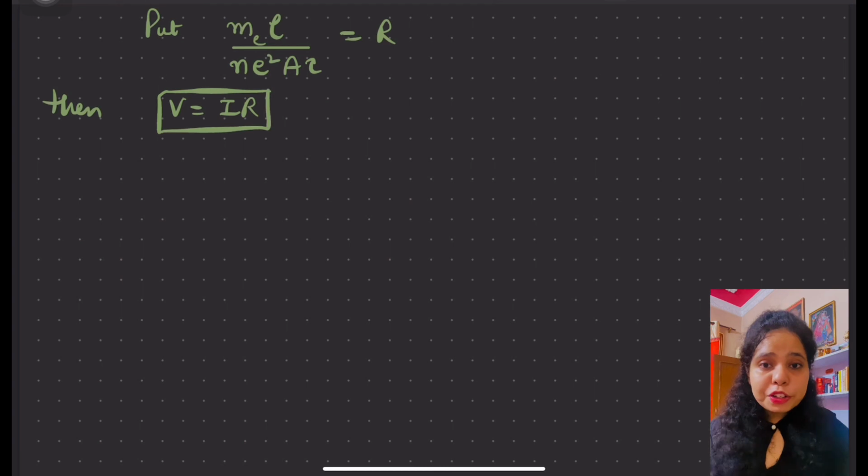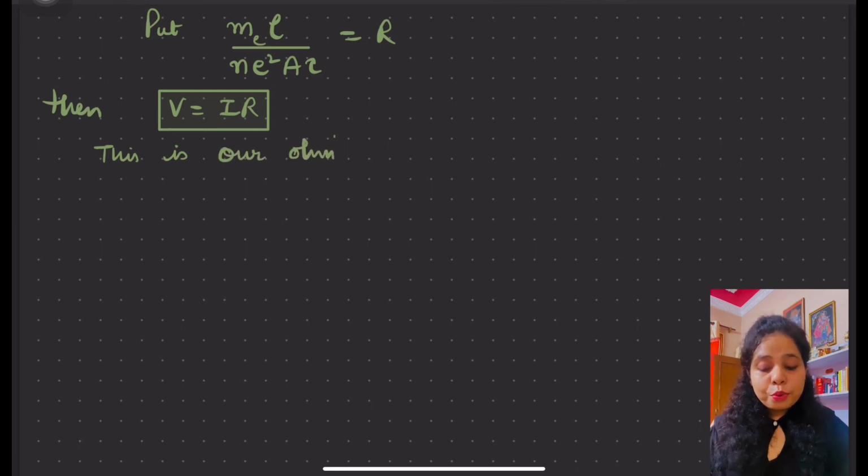This is the expression for Ohm's law, and it relates potential difference and current. Now this is our Ohm's law.